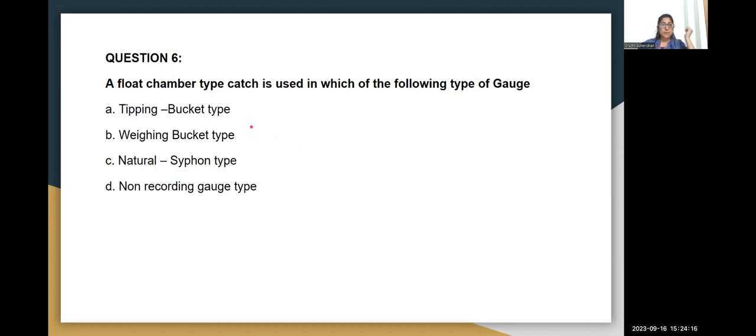Is it a tipping bucket type, weighing bucket type, natural siphon type, or non-recording gauge type?